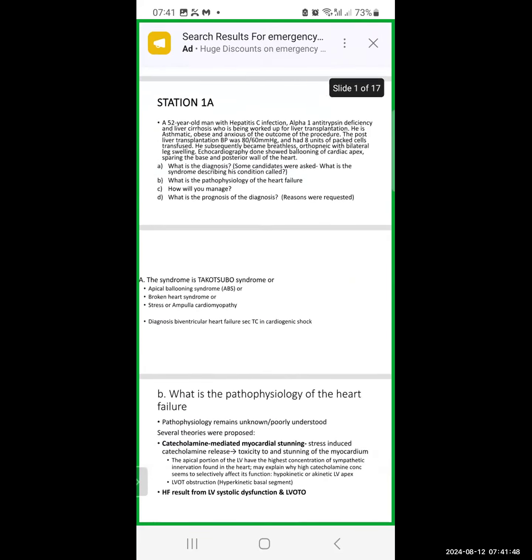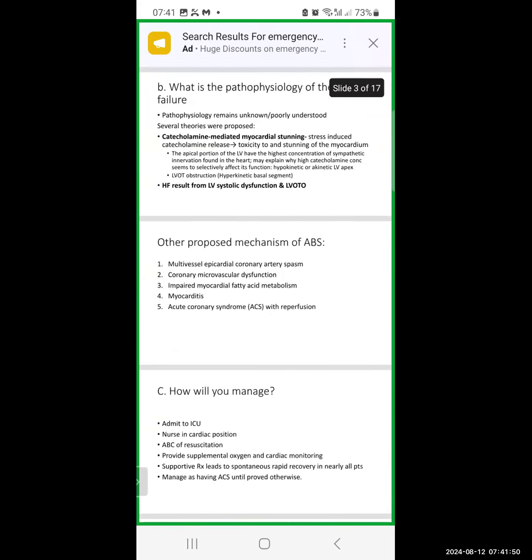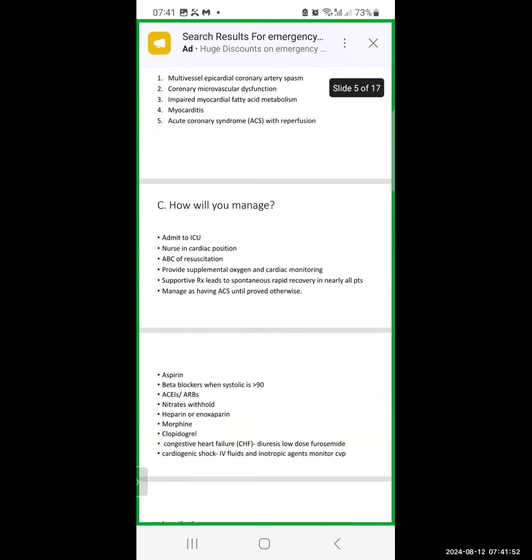Now, managing shock in patients with takotsubo cardiomyopathy is different from the usual management of cardiogenic shock. Giving inotropes is actually contraindicated and can worsen the condition of the patient. Any form of inotrope is contraindicated in takotsubo cardiomyopathy because of the pathophysiology of the condition.